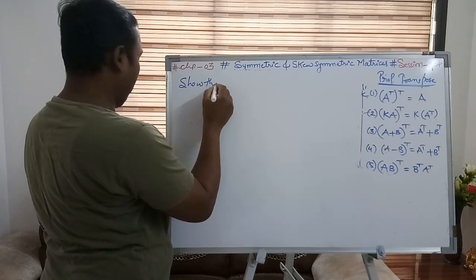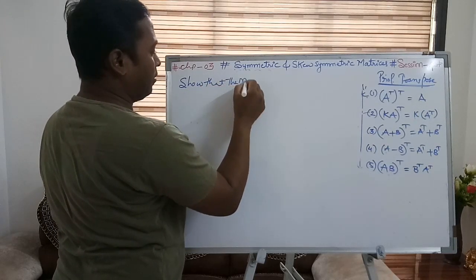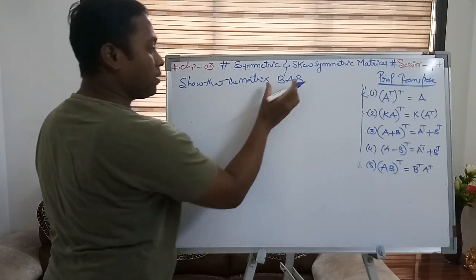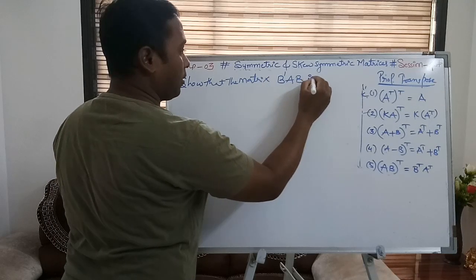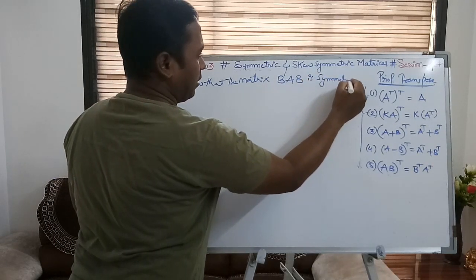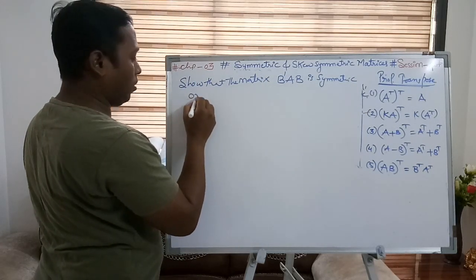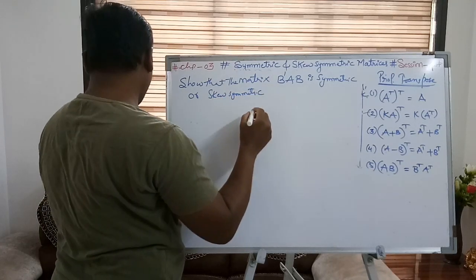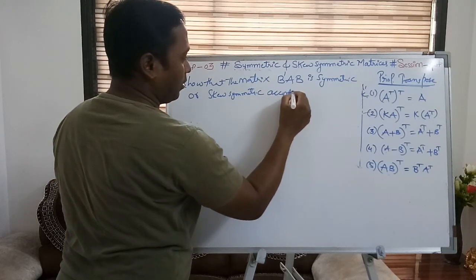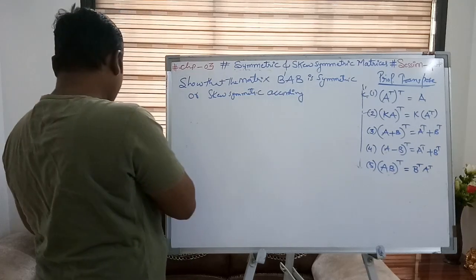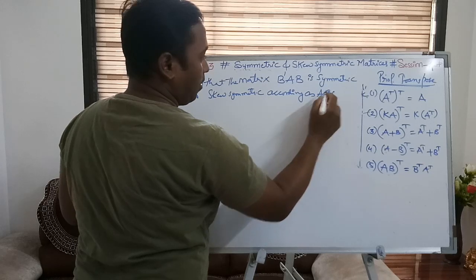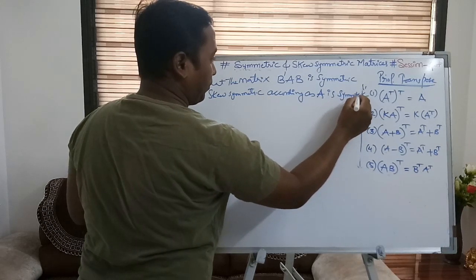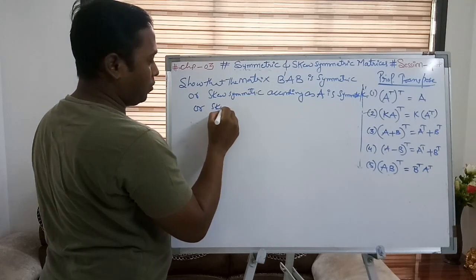Show that the matrix B dash A into B, this result, is a matrix that is symmetric or skew symmetric according as the capital A matrix is symmetric or skew symmetric.